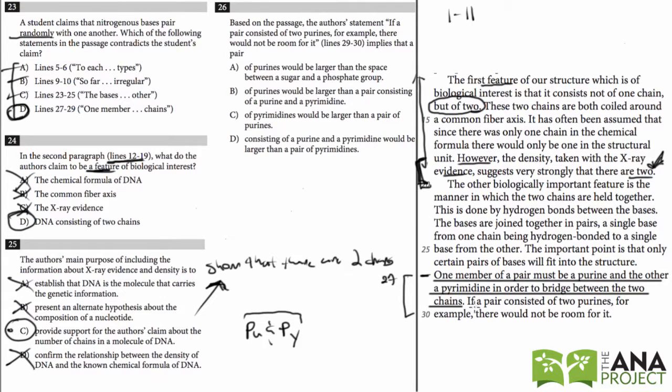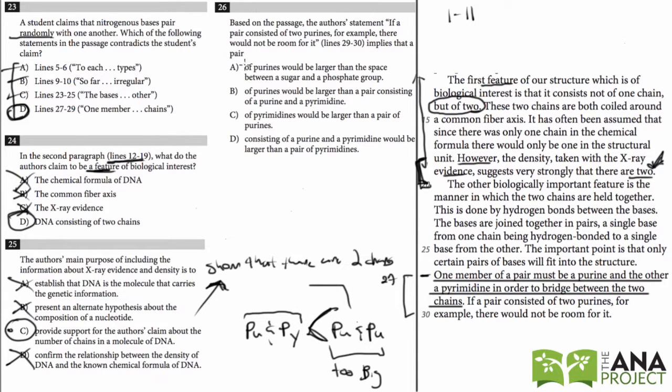And it says if a pair consisted of two purines, purine and purine, there would not be room. So this is too big. So what does that imply? Well, a pair of purines is bigger than this, is greater than this. So we just answered it ourselves.